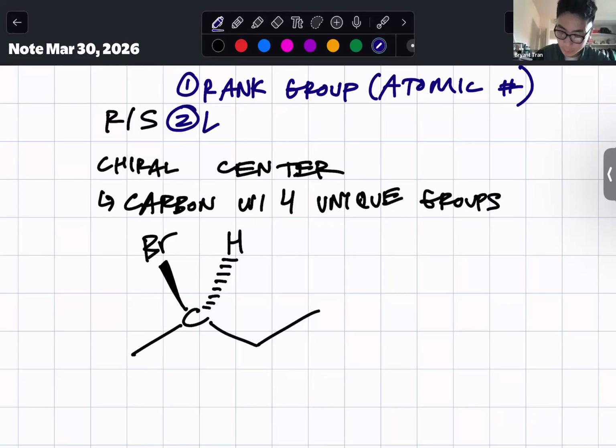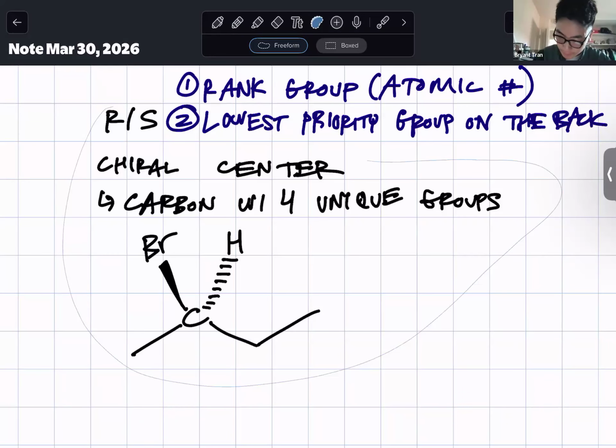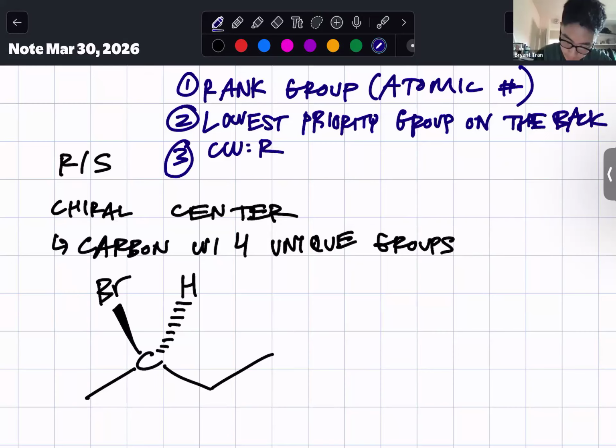So the priority group number four, the lowest priority group has to be on the back. So now once you've done that, the last step here is to trace the direction of the groups, right? If it is going clockwise, then it's going to be R. If it is going counterclockwise, it is going to be S.